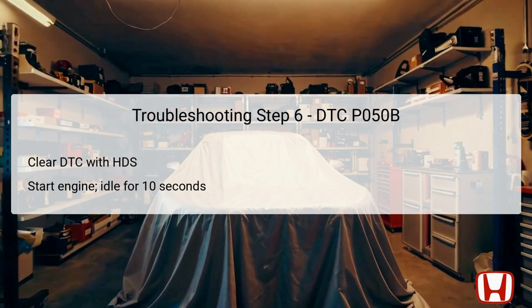Once the engine has cooled to the appropriate temperature, the next step is to clear the DTC using the Honda Diagnostic System, HDS. This step resets the system, effectively removing stored fault codes and preparing for a functionality check. After clearing the codes, start the engine and allow it to idle for at least 10 seconds.